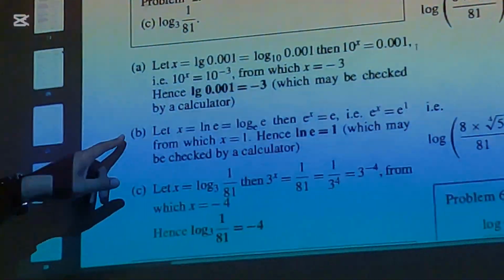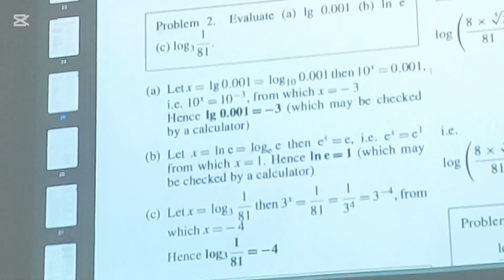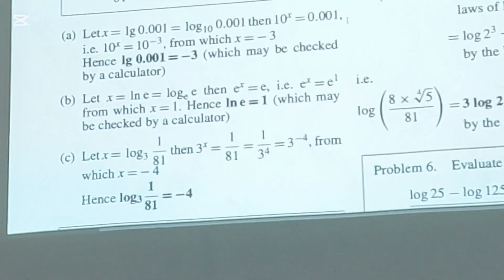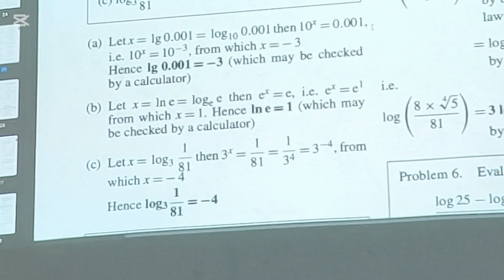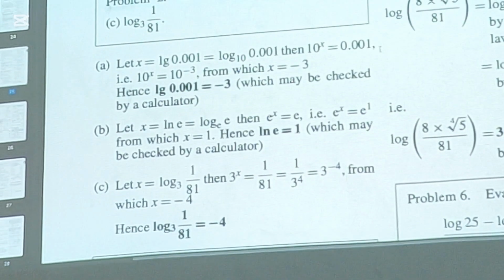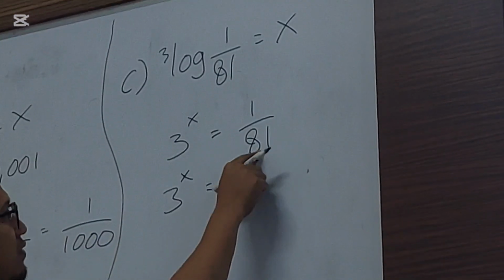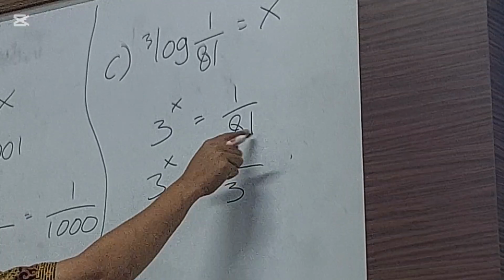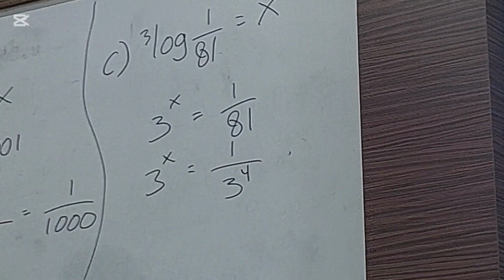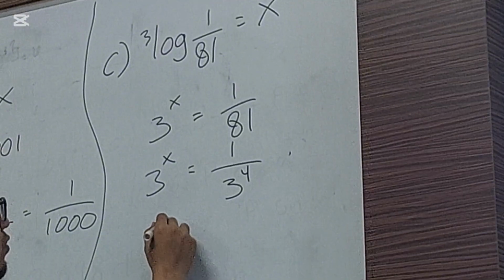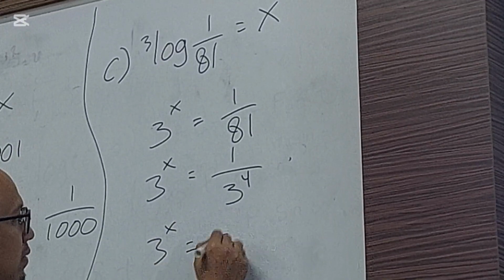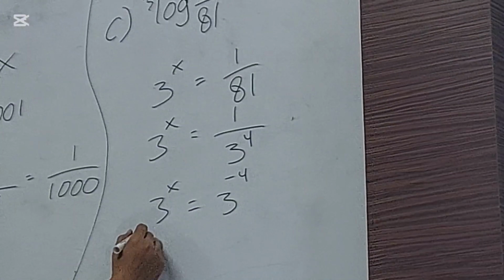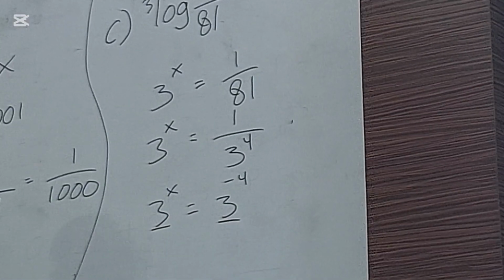Then we go to the second one, B. X equals ln e. Ln e equal to x. So we can simply change it to 1 per 3.4. So it is also similar like this, minus 4, because the base number was similar.